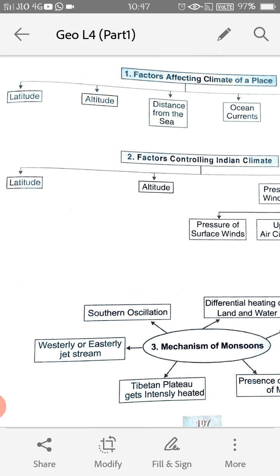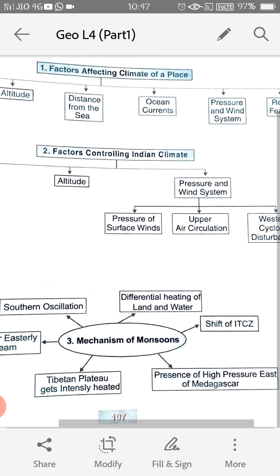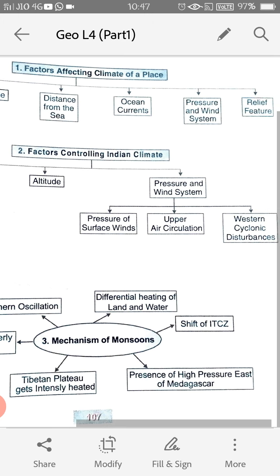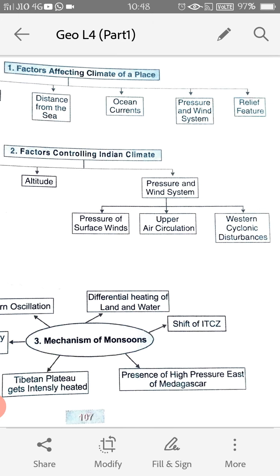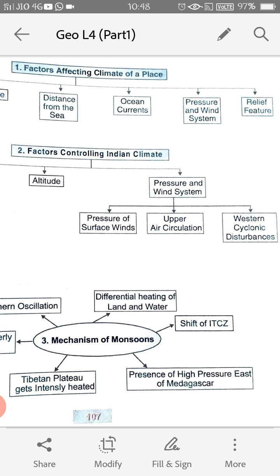In India, the climate of a place depends upon latitude, altitude, and pressure and wind system, that is the pressure of surface winds and upper air circulation, and western cyclonic disturbances.